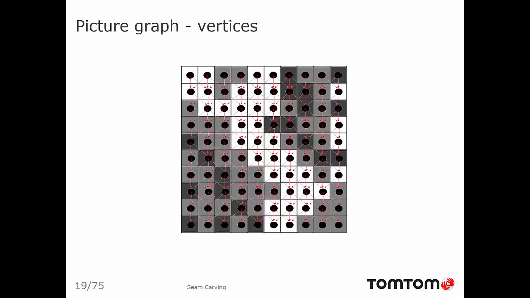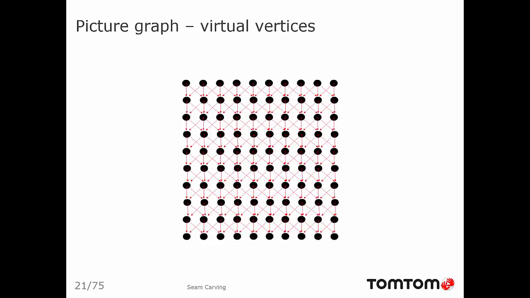And then the graph has such structure that a single vertex points with edges to 3 vertices that are below it, or in other words, every vertex is pointed to by 3 vertices that lie above it. The next thing we do is we add 2 virtual vertices at the top and at the bottom.